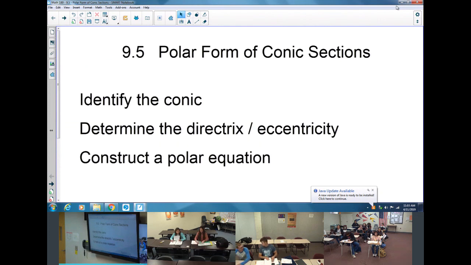Okay. All right, so 9.5. Like I mentioned, this is kind of a short section again. When we get to chapter 11, then the sections are a little bit longer again.